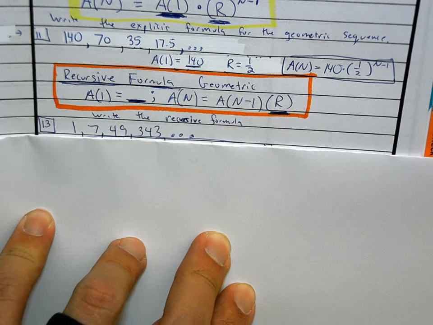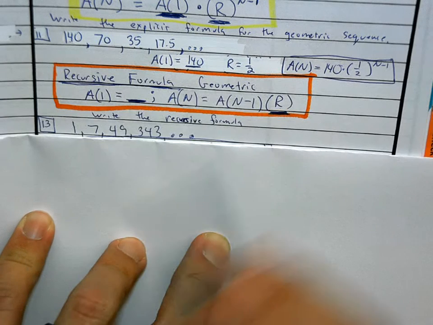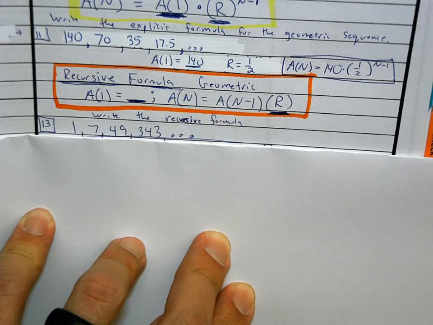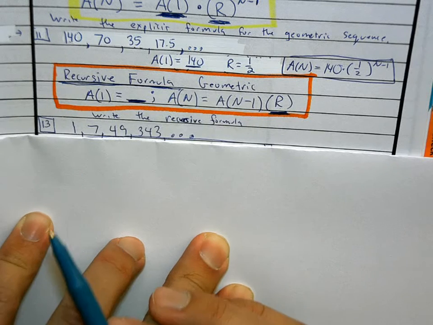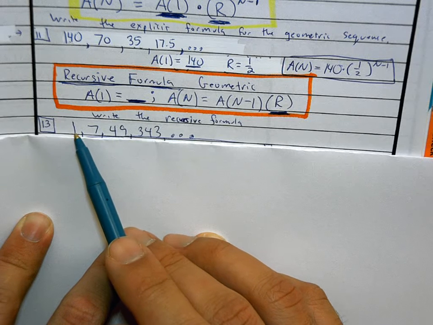And just like the explicit, you need to know 2 things. You need to know A of 1, and you need to know what R is. I'm almost positive you know what A of 1 is. Look at it. What is A of 1 in this problem? If you said 1, you are correct. That's the first term. Good job.